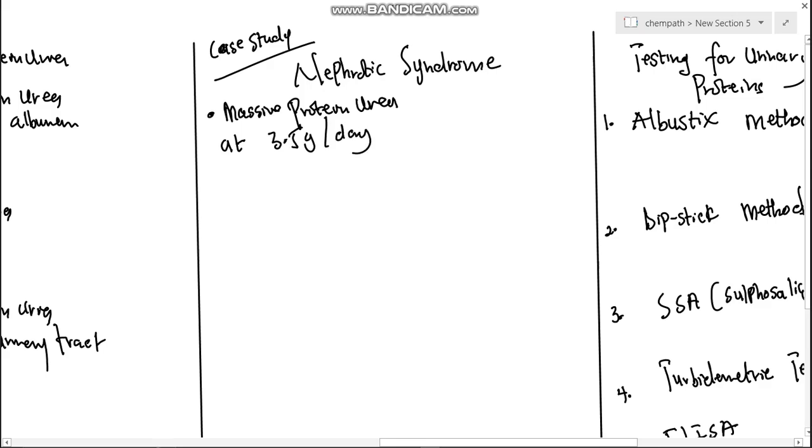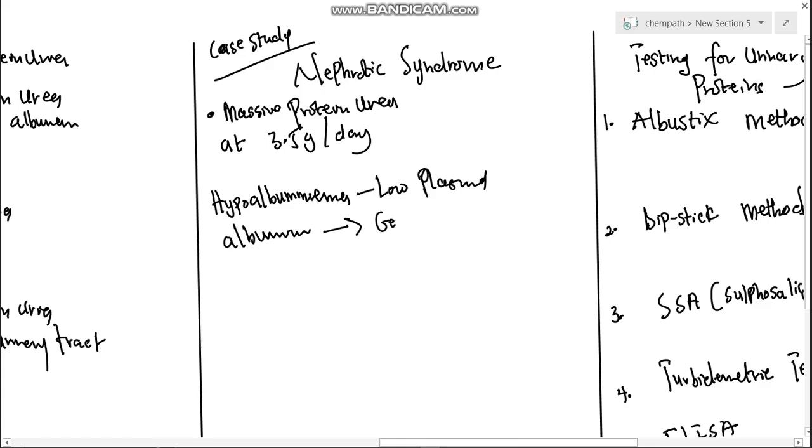This massive proteinuria can lead to symptoms such as hypoalbuminemia, so there's low plasma albumin, and this would definitely lead to generalized edema.